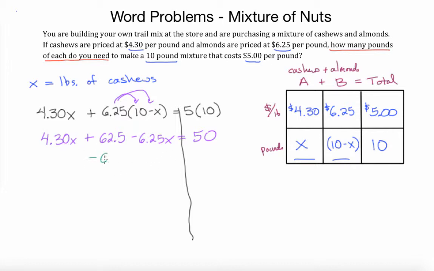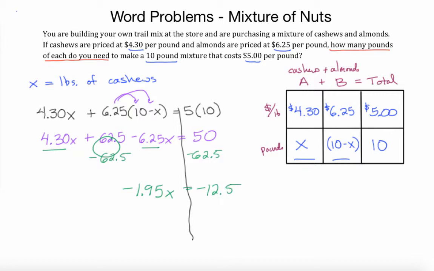I'm going to subtract 62.5 from both sides. That deletes it from there and moves it to the other side, and I also need to combine these two terms that both have the variable x. So we've now got 4.30x minus 6.25x, that's negative 1.95x, and it's equal to, on the other side, 50 minus 62.5, that's negative 12.5.